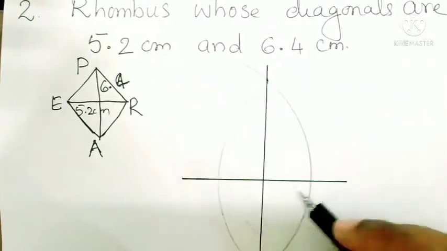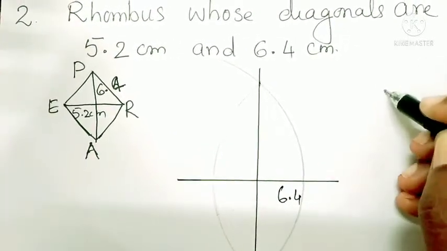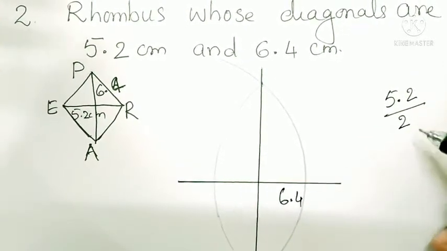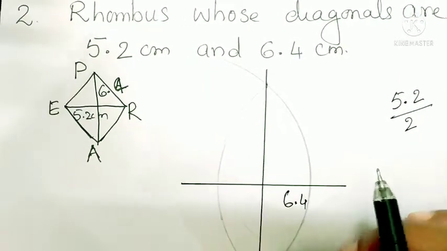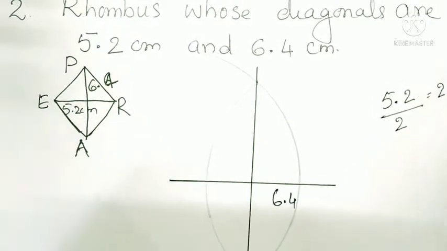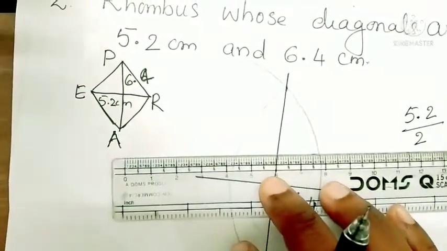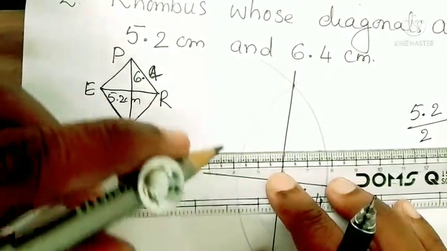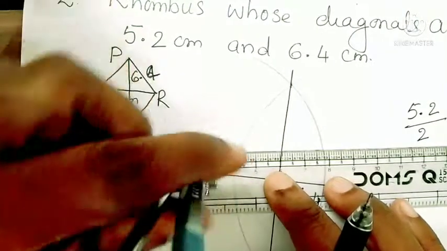And then this is 6.4 we took. What is the other one? 5.2. That we need to divide by 2, because from here and here together it should be 5.2 and both are equal. So 5.2 by 2, 2.6. So take 2.6 in the compass. 0, 2.6.